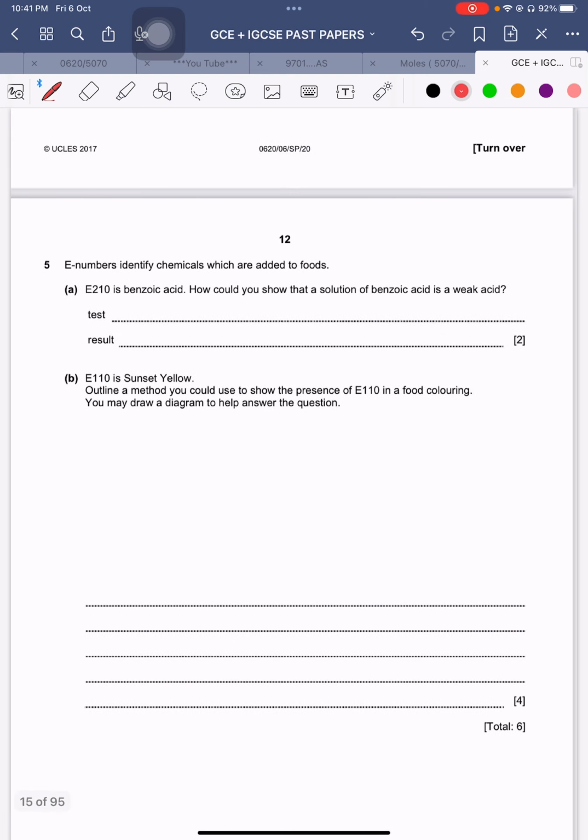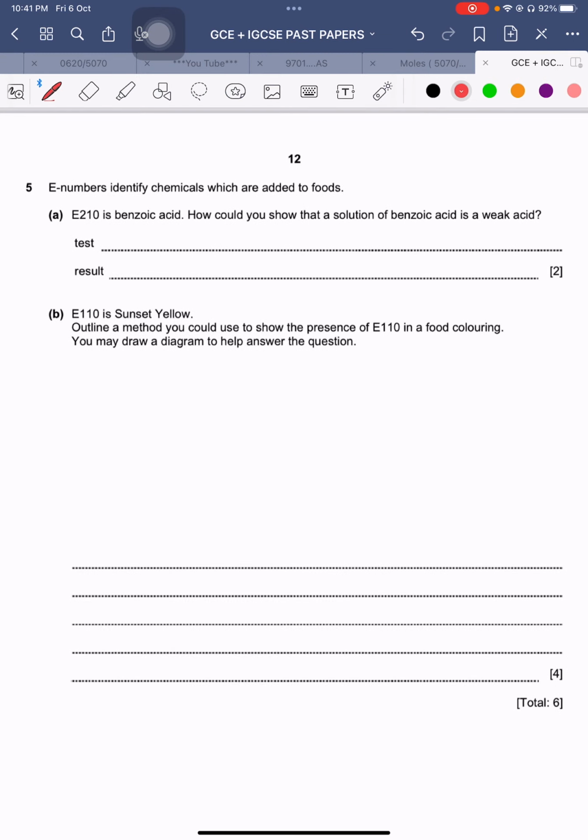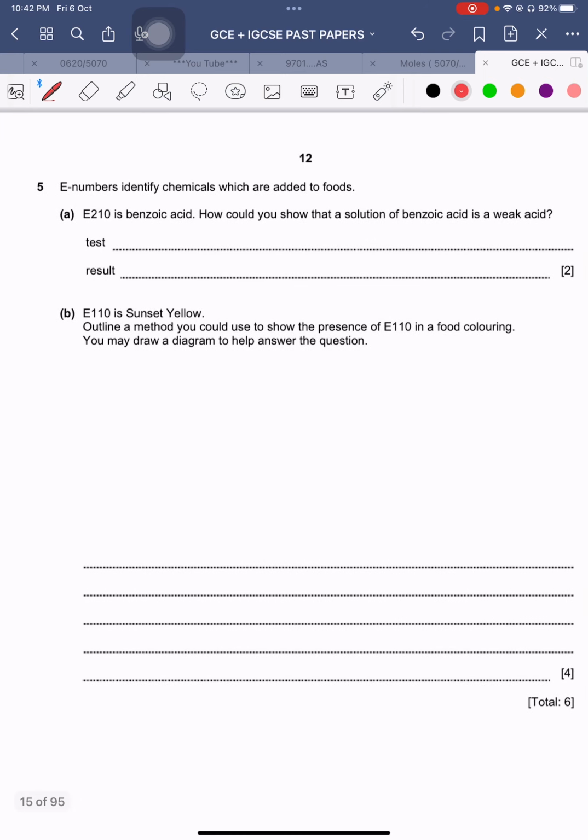Okay. So here there is a very important question, and what they are saying here, E numbers identify chemicals which are added to foods. Okay. So there are specific types of compounds which are called esters. I will teach you esters inshallah by the end of organic chemistry.